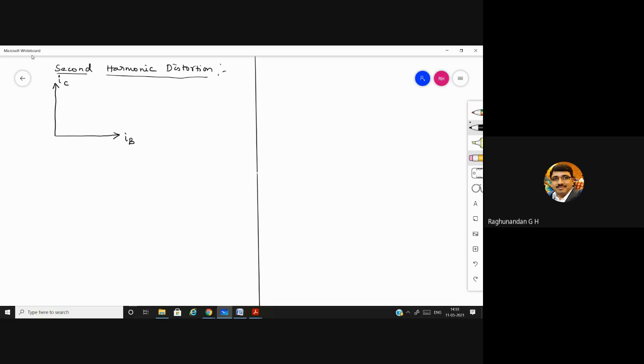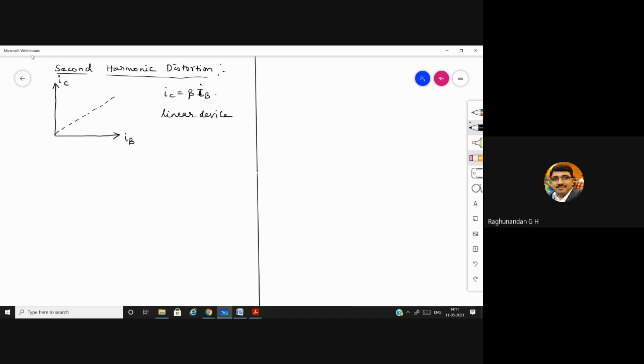See, for an active device in the sense of an amplifier, we know that IC is beta times IB. According to this, if IB is increasing, IC is also increasing linearly, right? So you have to call it a linear device because your output is increasing with respect to input.